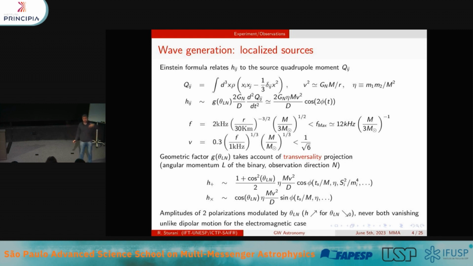And the amplitude, of course, rises with the mass at a given distance, but the peak frequency decreases with the mass, because a higher mass means a bigger object, and so it takes longer to go around, so the frequency goes smaller. So you cannot really expect anything beyond 10 kilohertz, actually beyond a few kilohertz for solar mass systems, which are the only ones we know that are compact.